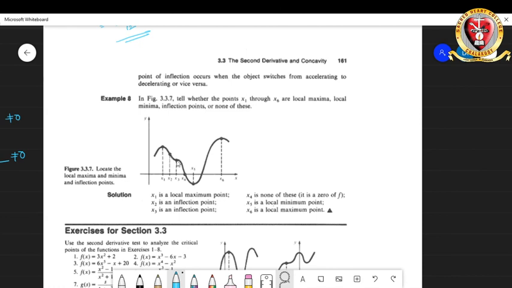Similarly, x3 is also an inflection point. And x4, when you consider it, since f of x4 is equal to 0, we cannot say that it is any of these. Okay, and x5 is a local minimum point and x6 is a local maximum point.